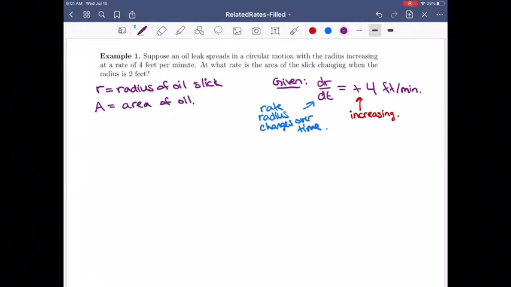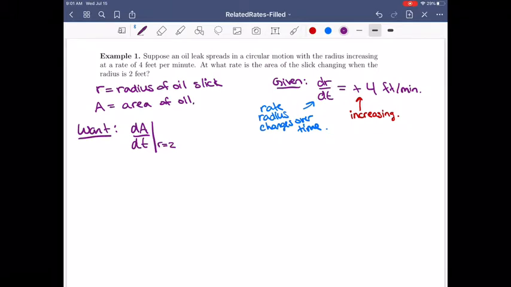And what we want to find is the rate that the area is changing with respect to time when the radius is 2 feet. So this is at the time when r equals 2. That's what we're looking for. I know the rate the radius is changing, and I also know how the area and the radius are related.